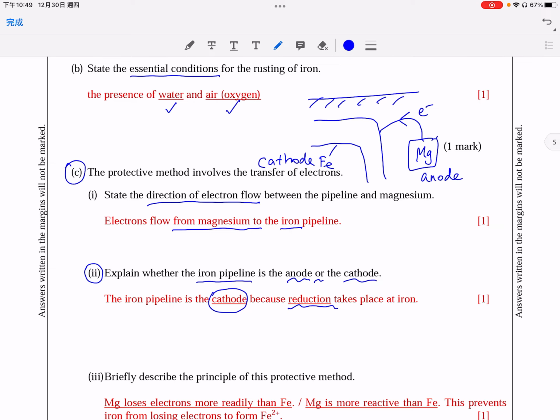If you mention magnesium being more reactive than iron, it is not acceptable, because you are asked whether iron is cathode or anode. So when we use the terms cathode or anode, we refer to whether oxidation or reduction takes place. So make sure your concept is good enough.